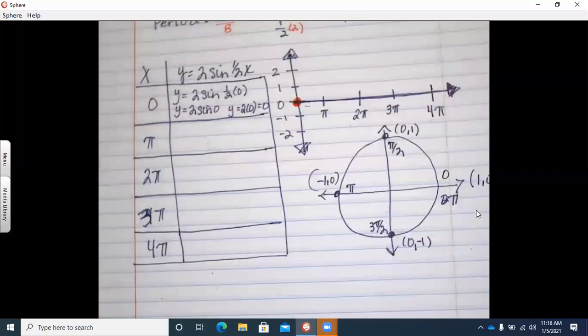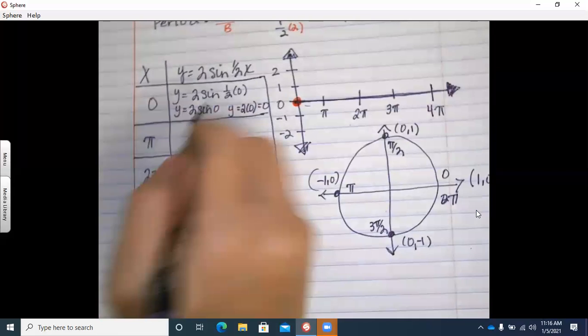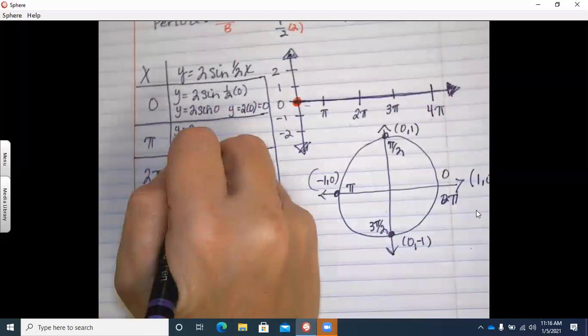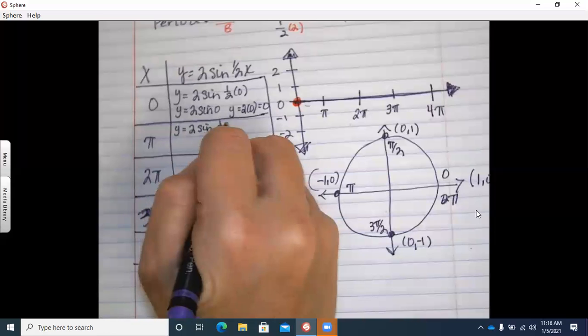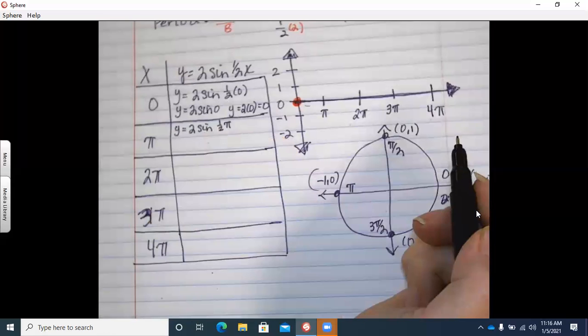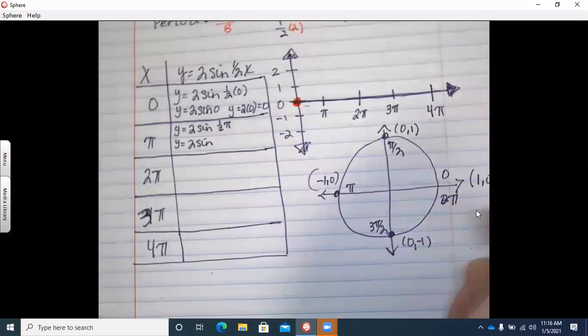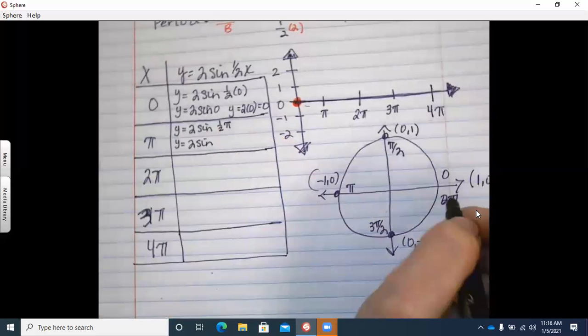Now let's do pi. Y equals 2 times the sine of 1/2 times pi. Wasn't half a pi the same thing as pi halves? Right? So basically, that's 2 times the sine of, what is the sine at pi halves? 1.